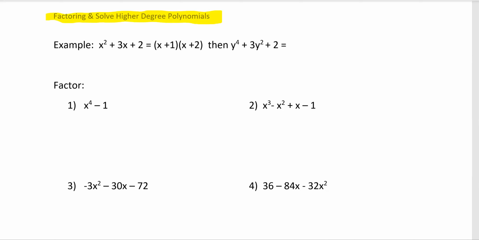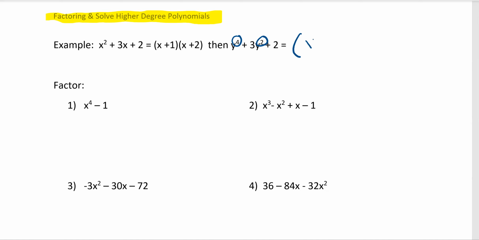But we can apply this same knowledge to the problem if it were y to the fourth plus 3y squared plus 2. You will notice that we have y to the fourth and y squared.